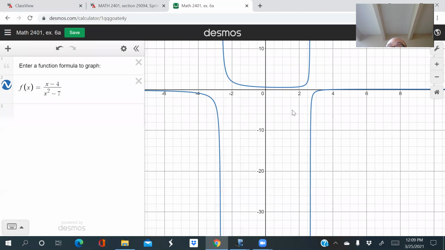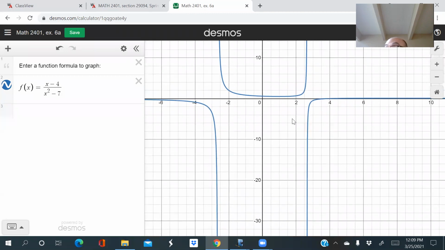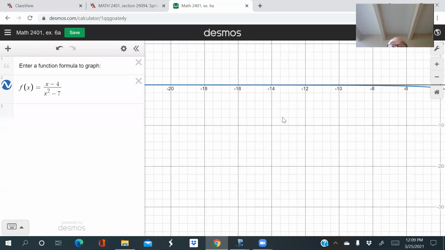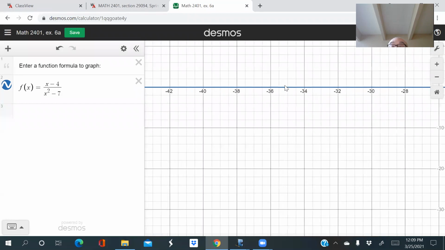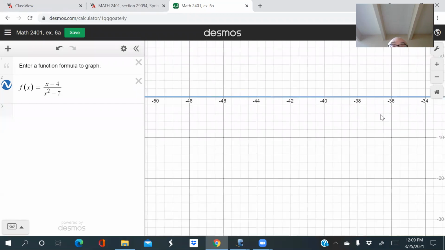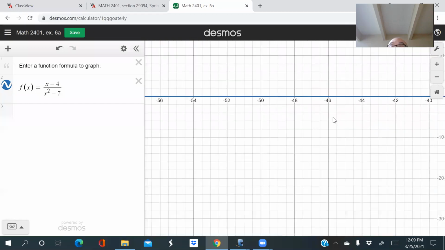It's just not there. See, calculus really helps us there. You're thinking, what's happening to this curve on the left? It's so close to the x-axis, I can't tell. Turns out as you move further to the left on the x-axis, this curve is continuing to go up.